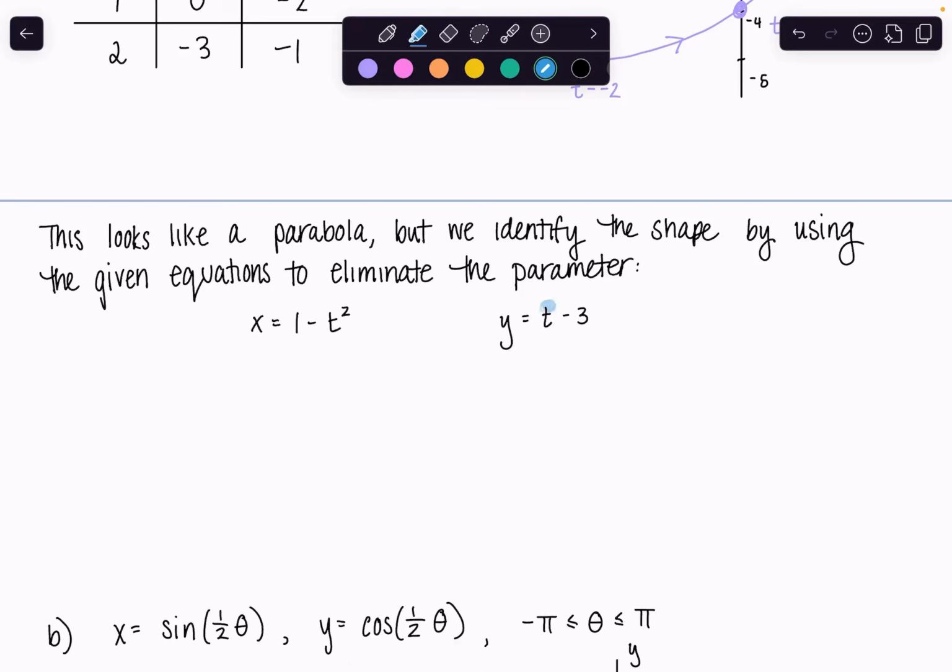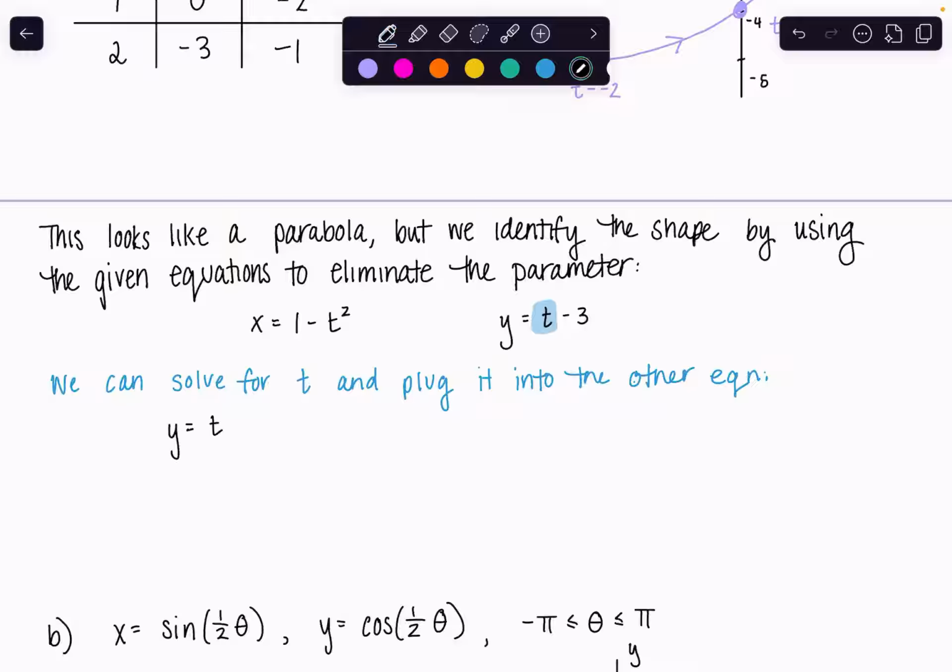So right here, we can solve for t, and then we can plug it into the other equation. So y is equal to t minus 3. Adding 3 to the other side, y plus 3 is my parameter t.